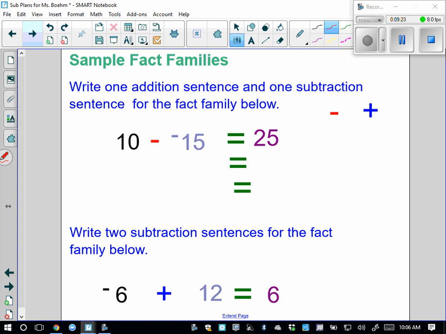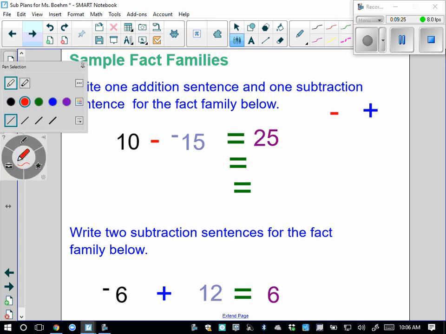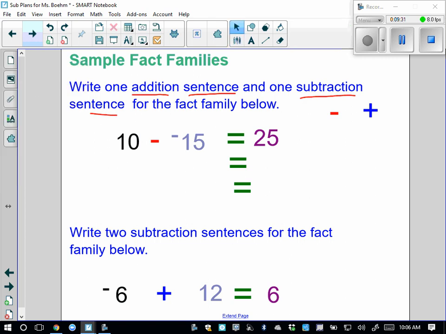But now when I read the directions, I do one addition sentence and one subtraction sentence. And I don't know which one I'm going to start with, but I do know that I have to use the numbers over here.